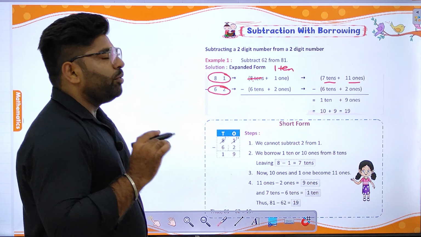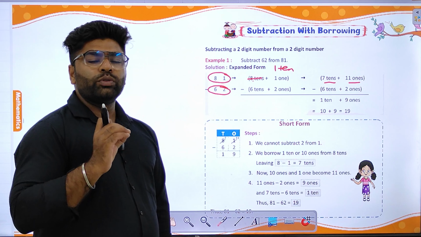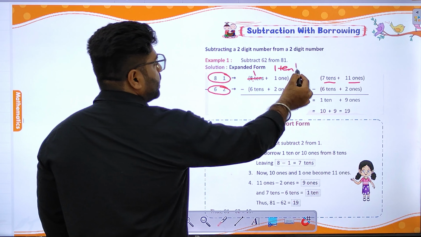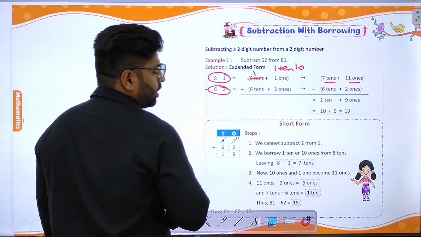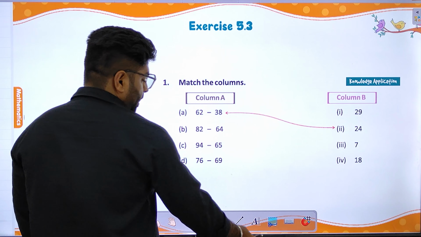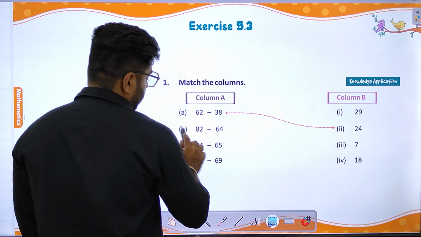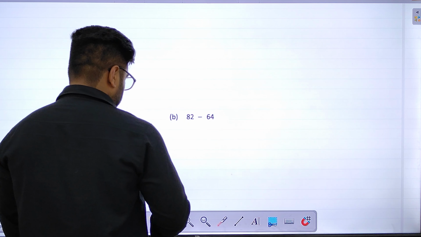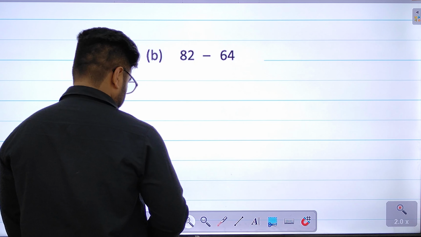So at every borrowing step, we have to take one from the tens place and add 10 in the ones place. Clear? Okay, now we are having exercise 5.3 and let's take one part, that is B part. So first we are going to solve this number.